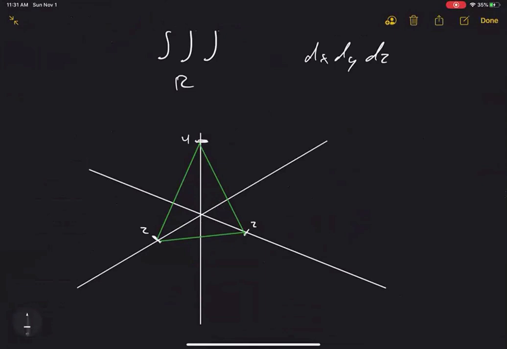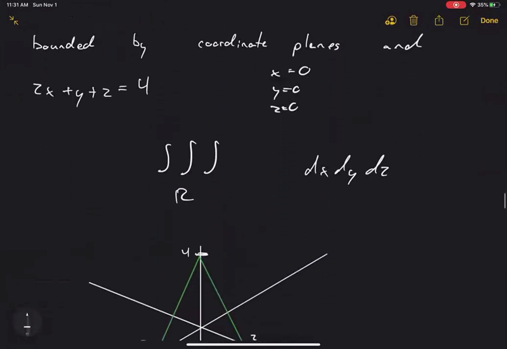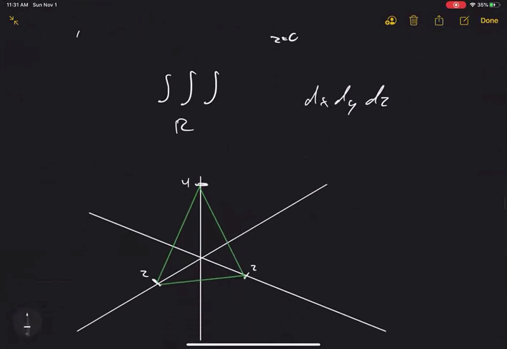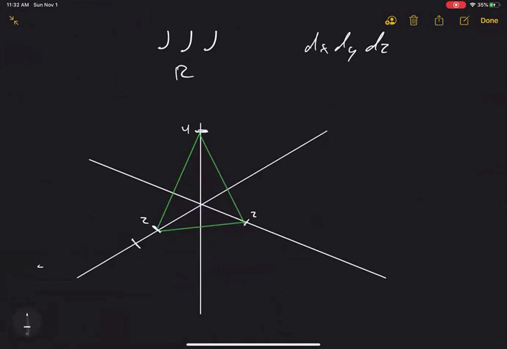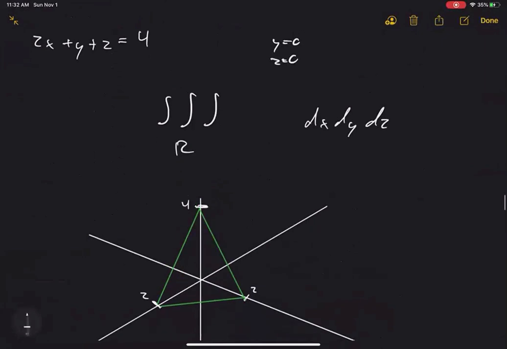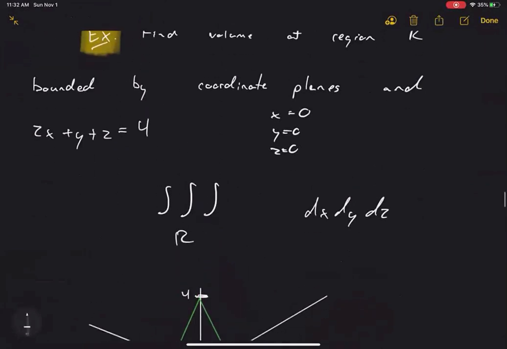Okay, so I've drawn my region here. Really, it's mostly determined by this plane here. I draw this plane in green, and then the coordinate planes are just chopping it off at these axes. So my region is a tetrahedron, something like that.